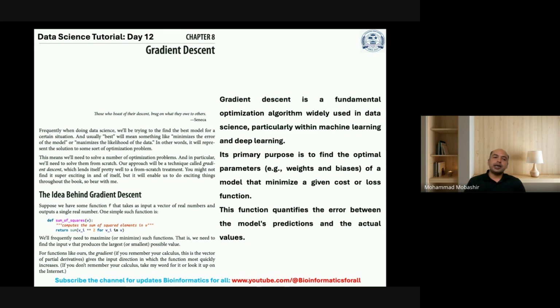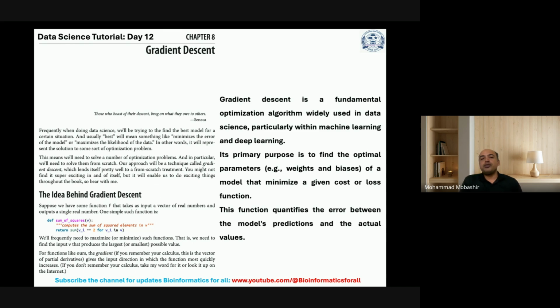On the left side of this slide, you can see the book chapter which is discussing gradient descent, that is the idea behind gradient descent and how to write the code. But if you understand the fundamentals of gradient descent, you don't need any detailed coding study.